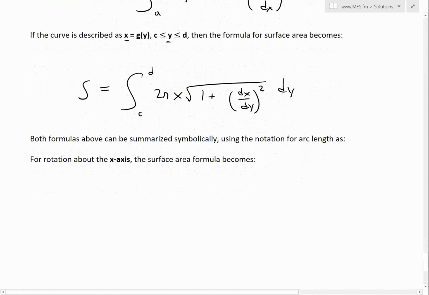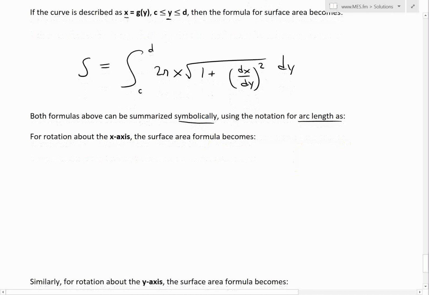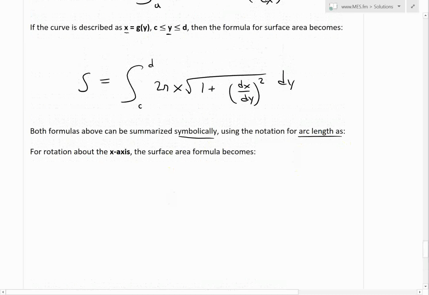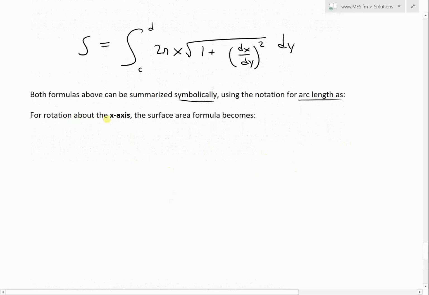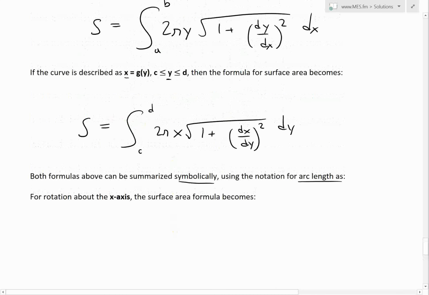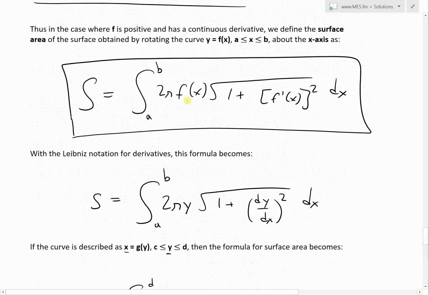Now we can even simplify this further. Both formulas can be summarized symbolically using notation for arc length, which I covered in the arc length proof video and the arc length as a function video. So for rotation about the x-axis, the surface area becomes S equals the integral of 2 pi y ds, symbolically.